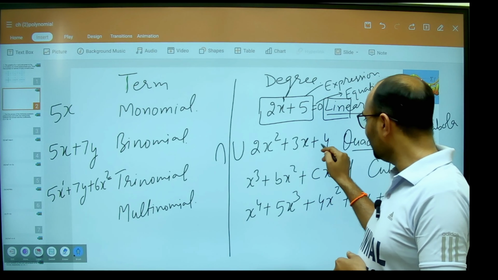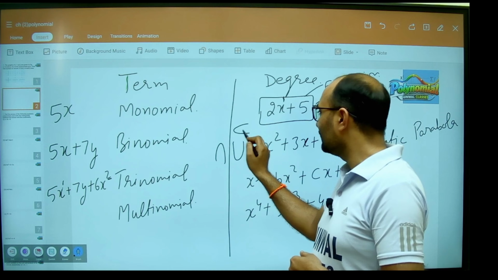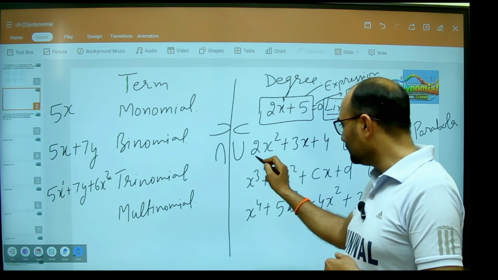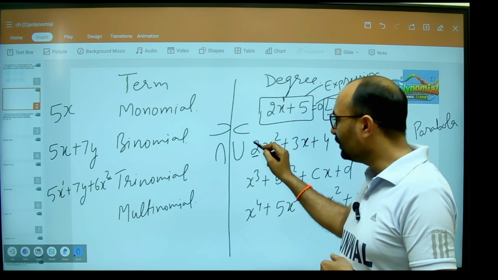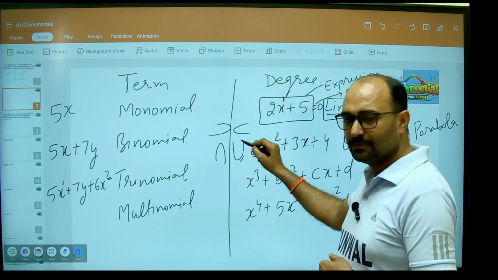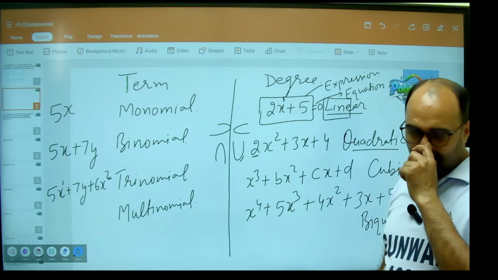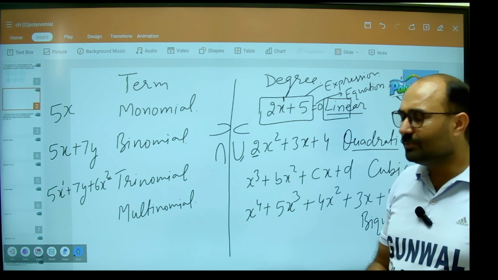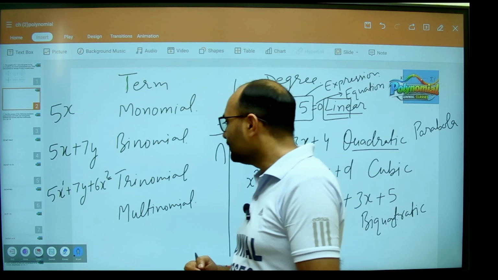If the y variable is here and the vertical axis is the y axis, then it will be like this. If a, the coefficient of the highest exponent term, is positive, then it will open upward, or to the right side in case of y. We will study later on, don't worry. I will explain in detail.